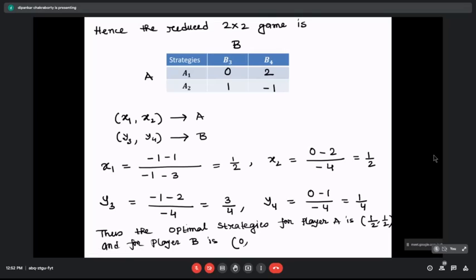So it is actually 0, 0, 3/4 and comma 1/4.